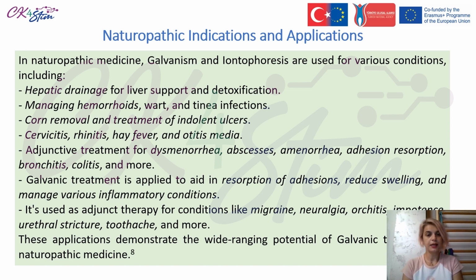It's also applied as an aid in resorption of adhesions, to reduce swelling, and to manage various inflammatory conditions. It's used as an adjunct therapy for conditions like migraines, neuralgia, impotence, arterial strictures, or toothaches. All this demonstrates the wide range of use and potential of galvanic treatment in naturopathy.